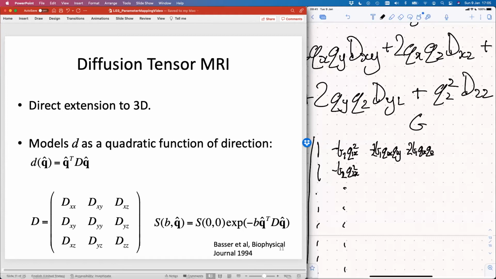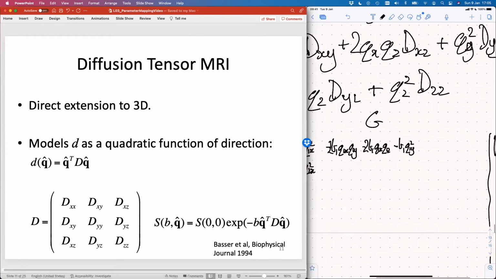Then we've got the dyy term. That will be minus b1 q1y squared. Then we've got the dyz, that will be minus 2 b1 q1y q1z, and finally the zz term, minus b1 q1z squared.